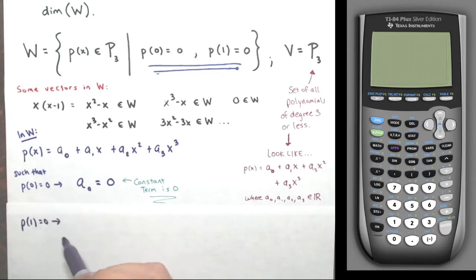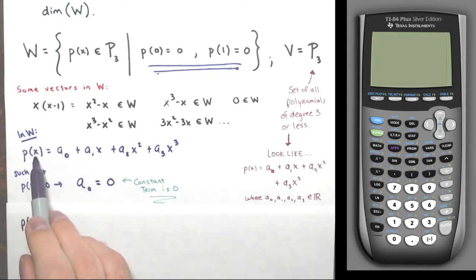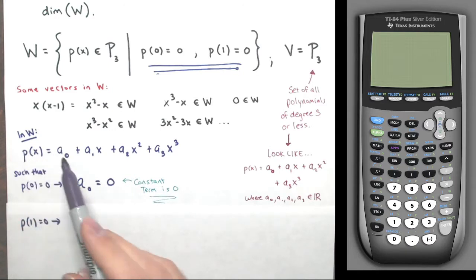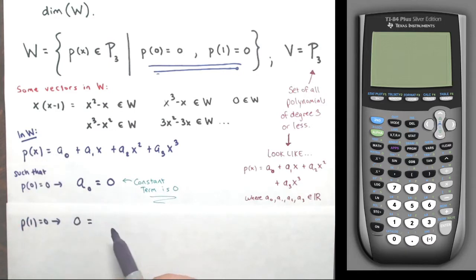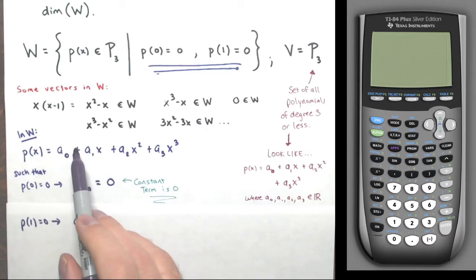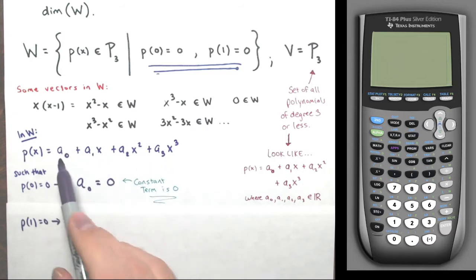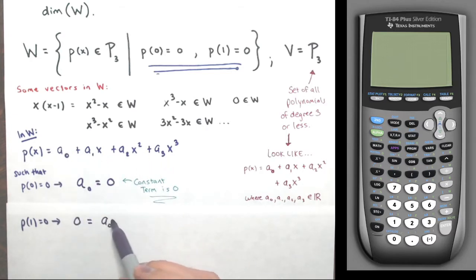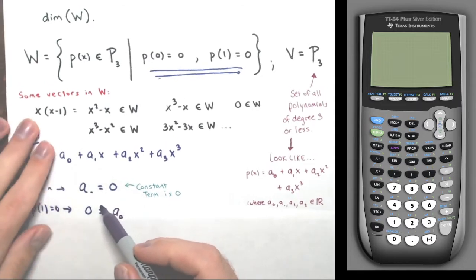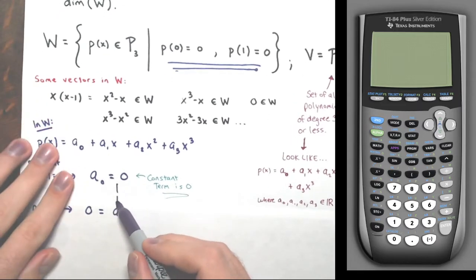So plugging this in, if I plug in 1 for x on the left, that's p of 1, that should be 0, equals, and when I plug in 1 for x on the other side, I get a0, but again, we know that a0 is 0, so I really don't need to write it.